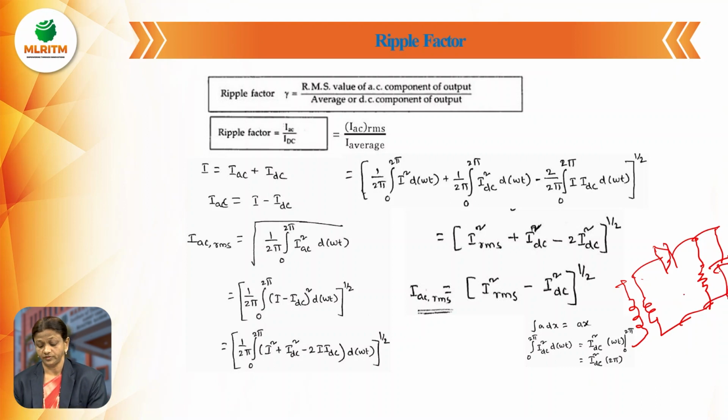So this is the half-wave rectifier. At the primary of the transformer, we are applying the AC signal. At the load RL, you can calculate the output voltage V0 value.